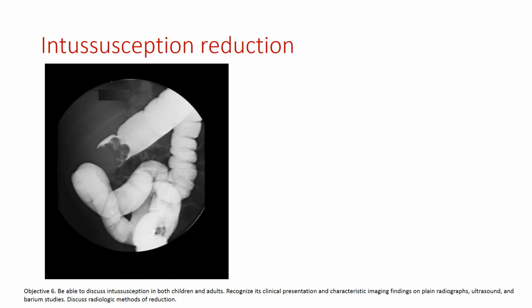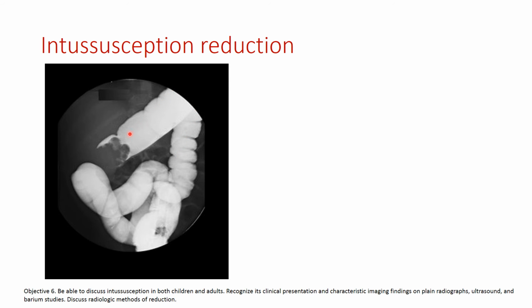One of the really neat things about radiology is that we can often reduce these in radiology, so the patient may not even need surgery. We used to reduce them all the time with barium, and we see the barium going back in this. We have the colon, so we're doing a barium enema.